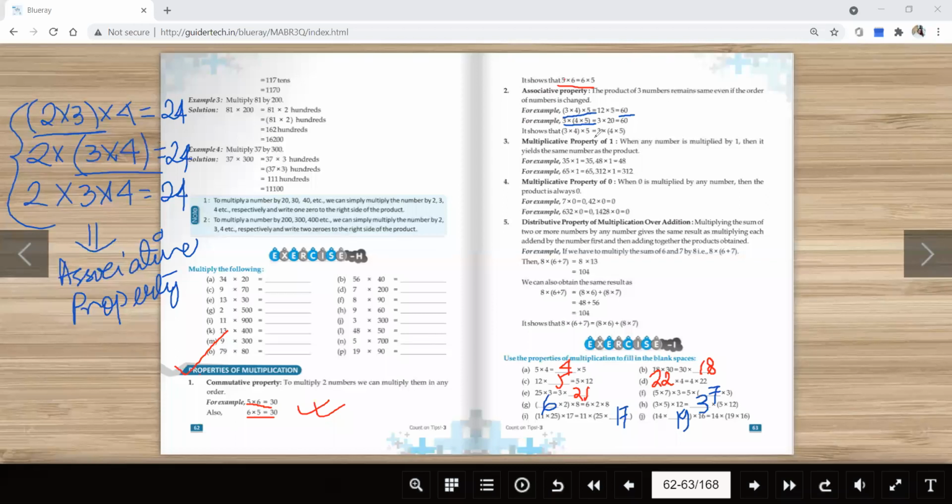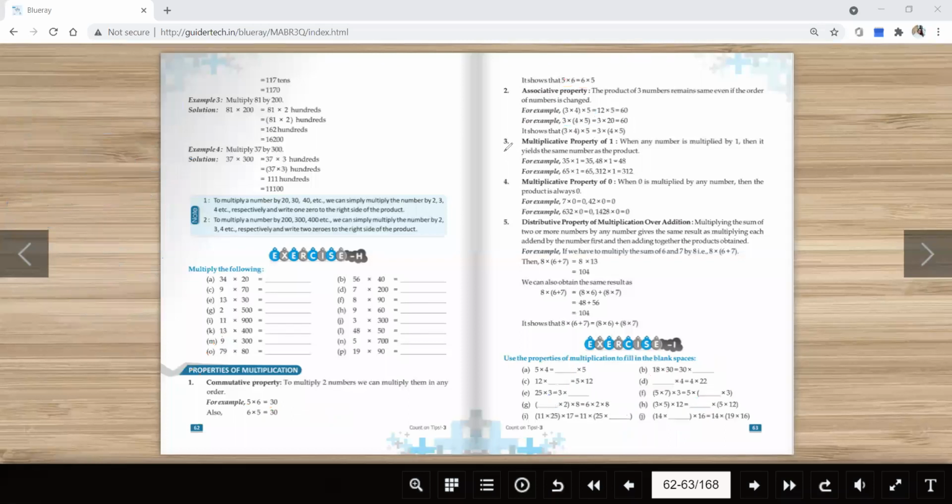That means all of you almost completed. So going to the next. Next is what? Multiplicative properties of 1. Yes, Sohel. Done. Yes, ma'am.